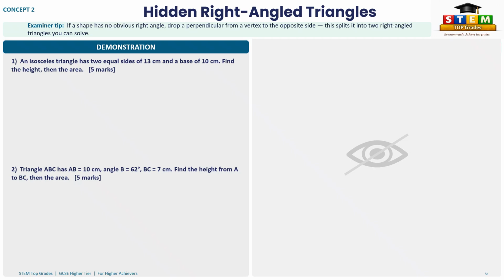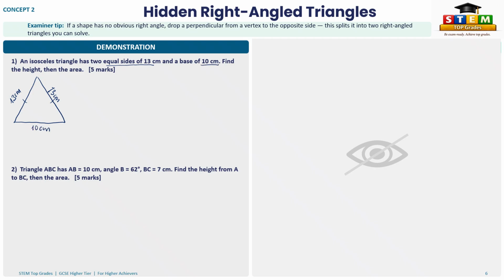So let's draw the shape. So it says an isosceles triangle has two equal sides of 13 centimeters. So let's start by drawing the isosceles triangle. Doesn't matter, you don't have to have a perfect drawing. It has two equal sides, so those two equal sides will be 13 centimeters each, and a base which is 10 centimeters long.